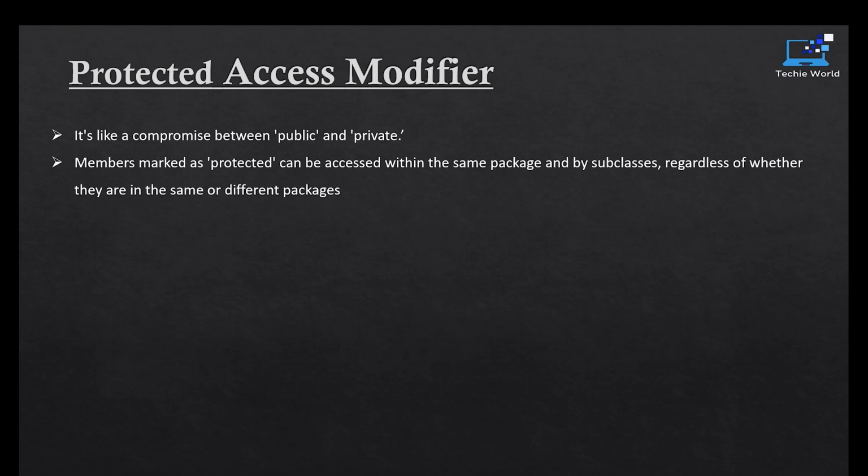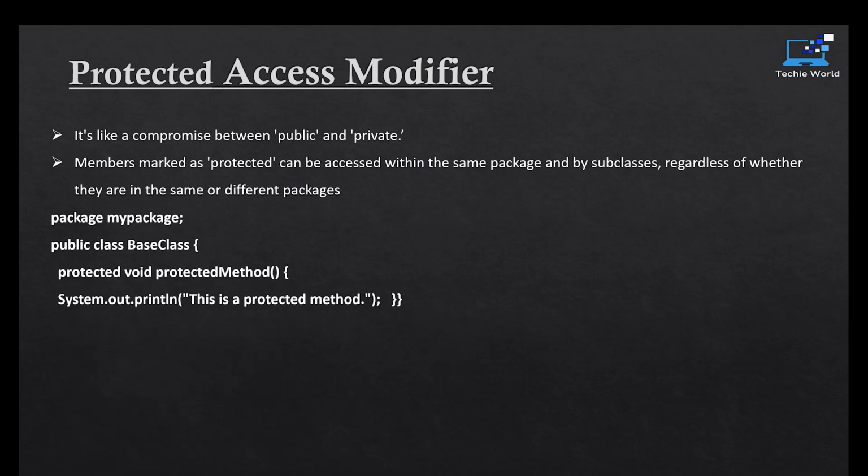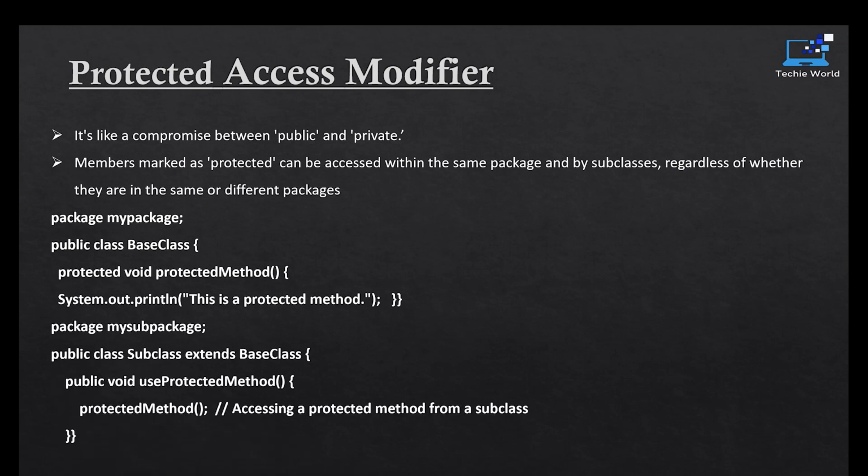Now let's have a look at this code snippet. Let us say you are in a package called my package, where you have a base class called base class, and you have a protected method which is printing "this is a protected method". Now let us say you have another class which is extending the base class and it is available in a different package, my sub package.